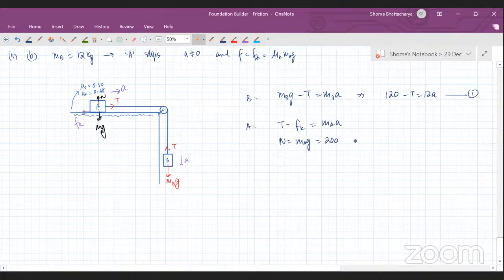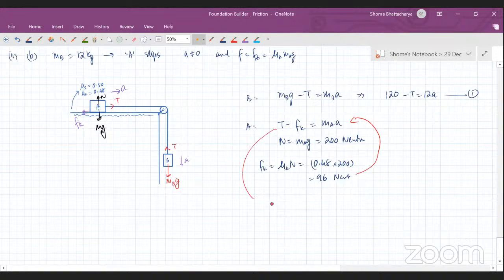So that is 200 newtons. So we also know that kinetic friction will be equal to mu k N. So it will be 0.48 into 200. So it will be 96 newtons. Now next we substitute the value of kinetic friction here. So this equation becomes T minus 96 is equal to 20a.